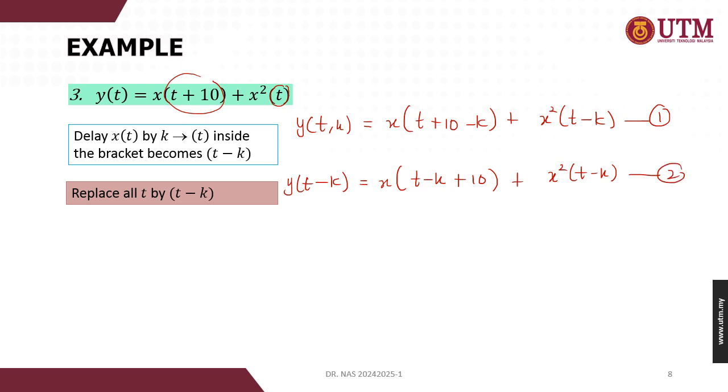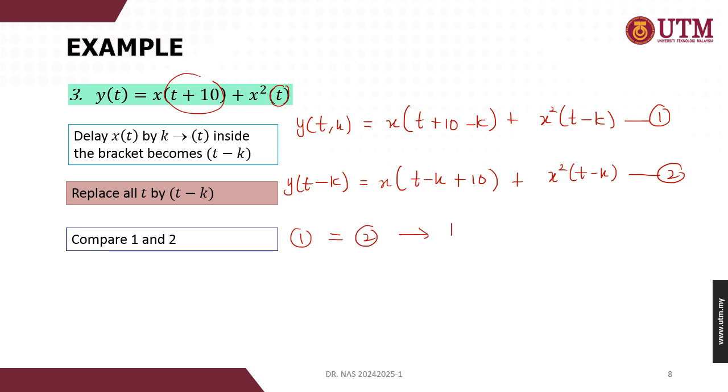So this is the second equation. The third one, compare the first and the second equation. In this case, we can notice that 1 is equal to 2. So the system is time invariant.